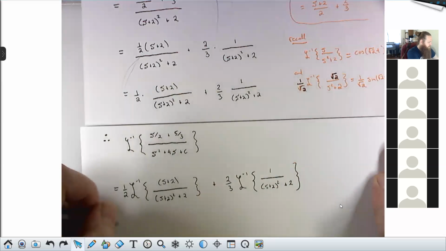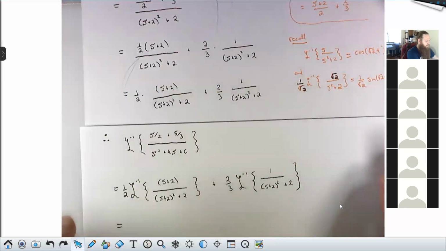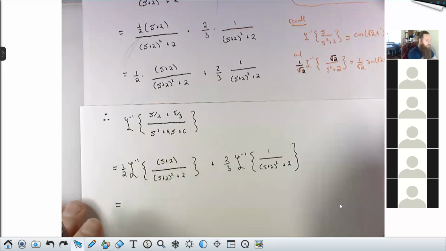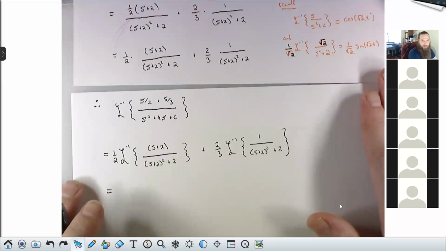And then each one of those we'll get using our exponential shift theorem and the orange statement on the right.